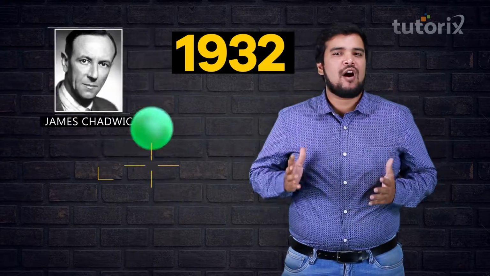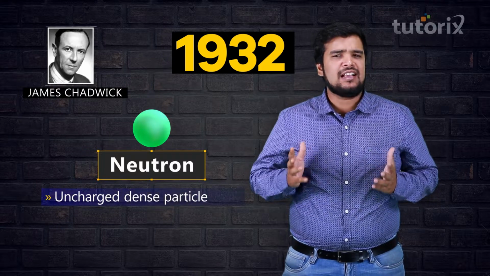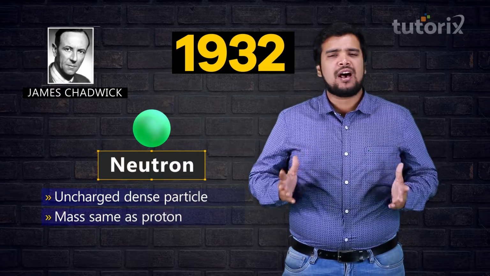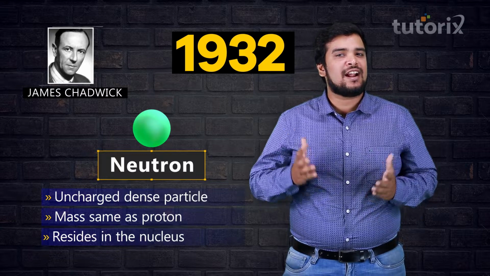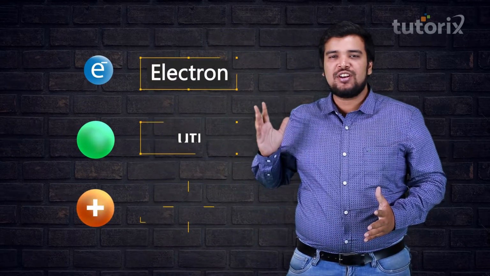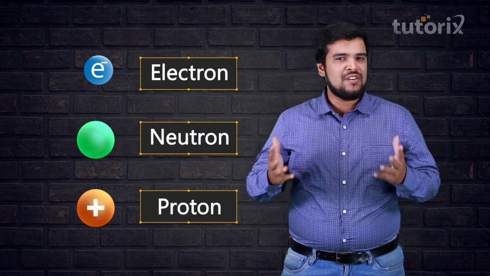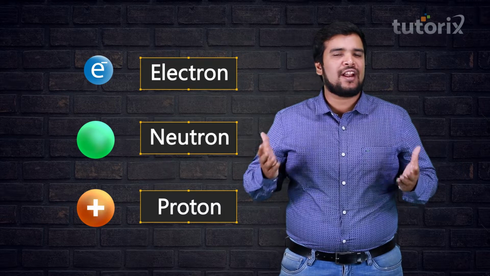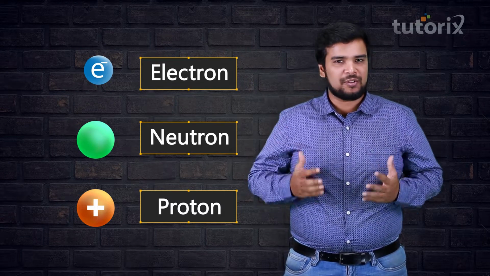So many people kept on looking for this particle, and after 20 years, in 1932, James Chadwick found the neutron, an uncharged dense particle which has the same mass as a proton and also resides in the nucleus. So, it looks like finally we have all the subatomic particles: the electron, neutron and proton. So we can say that an atom is made of electrons, protons and neutrons.